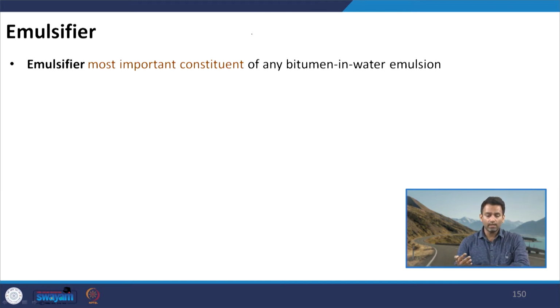Since we are discussing about these agents or stabilizers, and I said emulsifier is one of the stabilizers, in fact, if we see the emulsion system, emulsifier is the most important constituent of the bitumen in water emulsion.